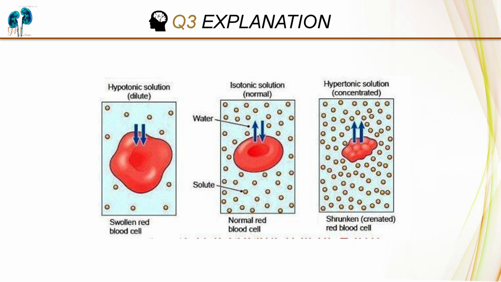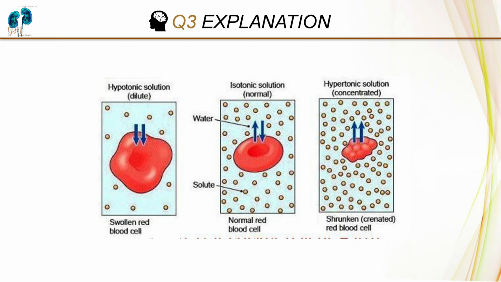So solvent or fluid will move from the extracellular compartment to inside the cell. So the cell will swell. What will happen in a hypertonic solution? In a hypertonic solution, the concentration of impermeable solute is very high in the extracellular compartment compared to inside the cell.